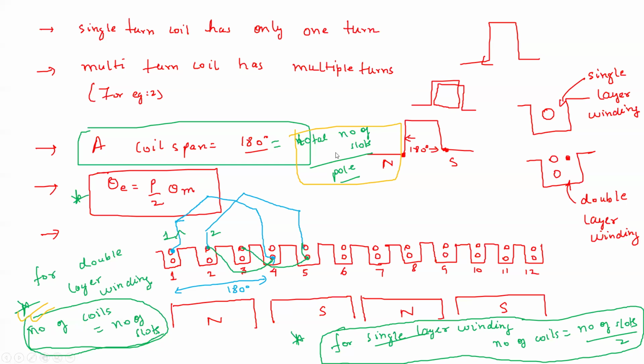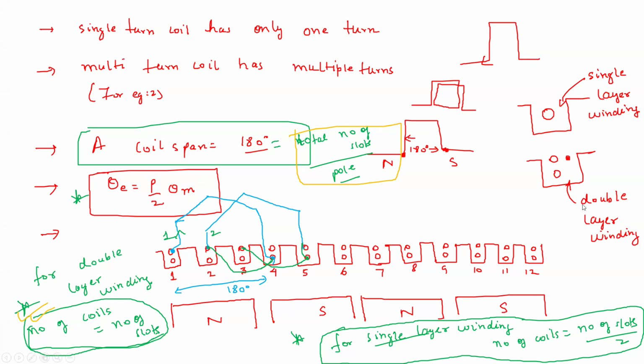So total number of slots by poles will give you the number of slots per pole, and that will be equal to the number of slots per coil span also. Now this is a single layer winding, in which you have capacity to hold only one end of the coil in one slot, but here you can hold two ends of coils in one slot.